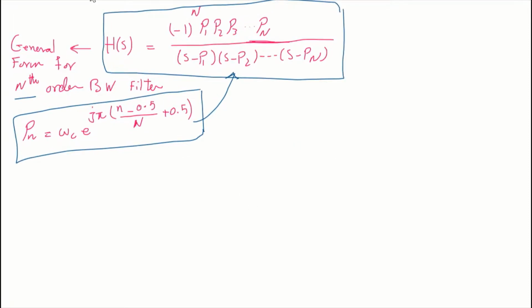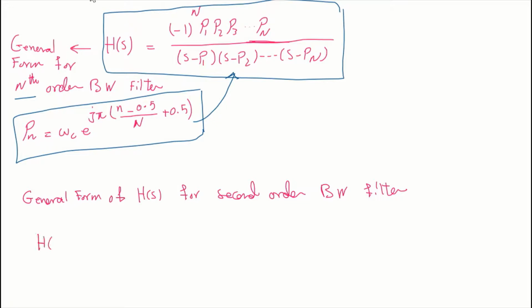Then I can write here the general form of H(s) for a second order Butterworth filter. As I said, you should find the poles and replace them in the transfer function. Then you get this transfer function for a second order Butterworth filter that equals 1 over (s over omega c) squared plus s over omega c times square root of 2 plus 1. This is the general form.